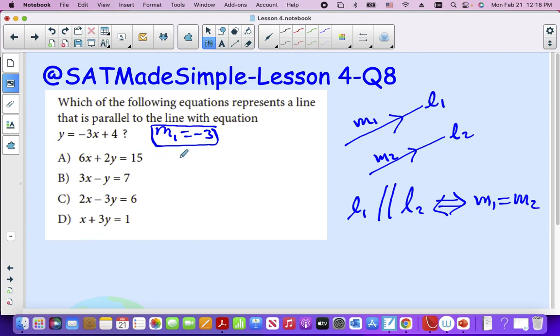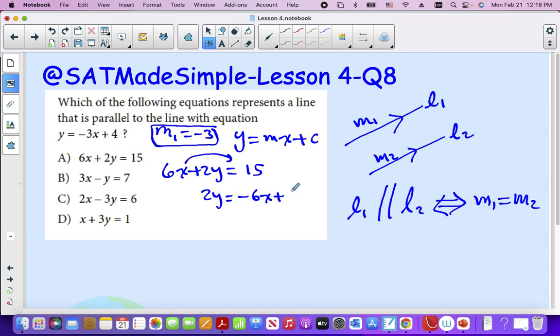How do I know that? I need to put the equation in the standard format, y equals mx plus c. So I'm going to start with A: 6x plus 2y equals 15. I'm going to move the 6x to the other side, so 2y equals minus 6x plus 15.